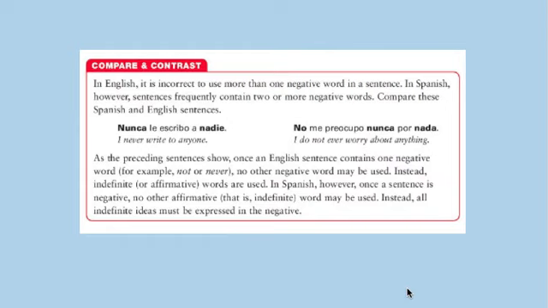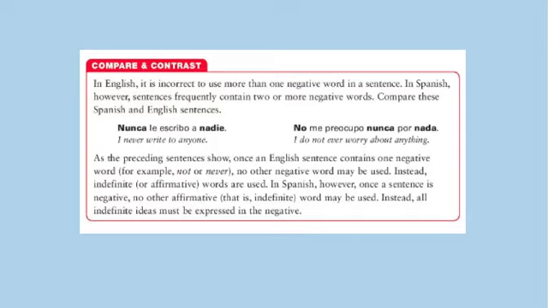So as I said before, in English it's incorrect to use more than one negative word in a sentence. Whereas in Spanish, however, sentences frequently, in fact almost always, contain two or more negative words. Por ejemplo, nunca le escribo a nadie. Like, I never write to nobody is essentially what you're saying. But we translate that to English as I never write to anyone. We put the last word in the positive sense, right?